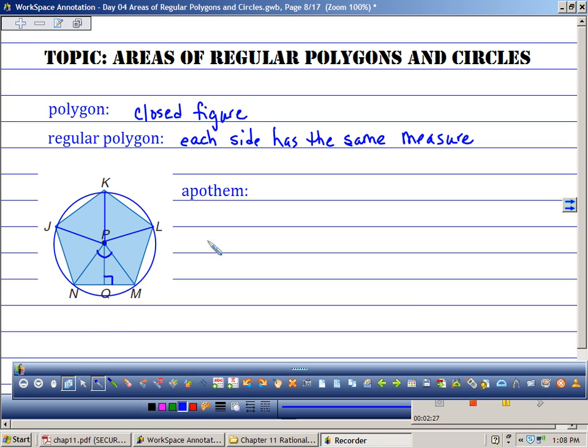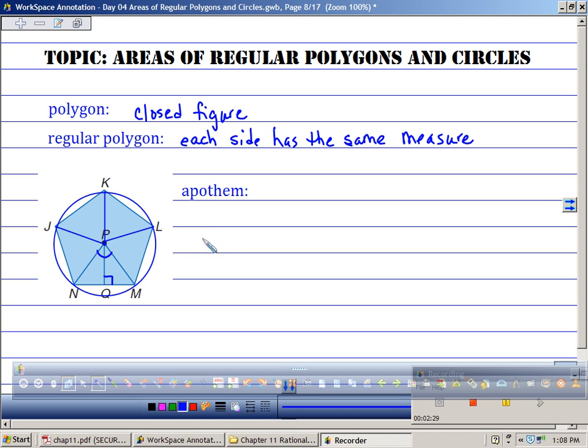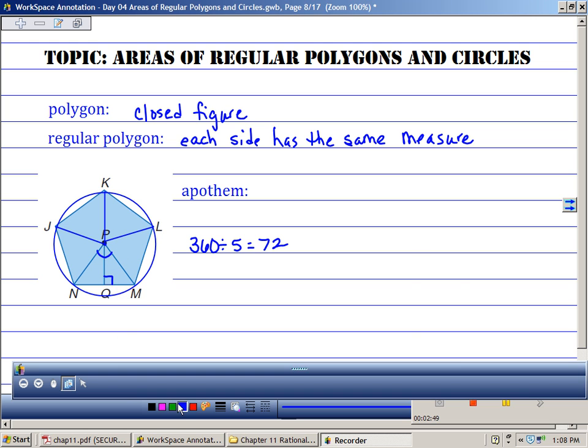But at the same time, we can also say that if there's 360 degrees in a circle, I could just break up 360 degrees by 5, and I could get this central angle right here. Correct? So far we know the central angle. Not only that, I know something else.